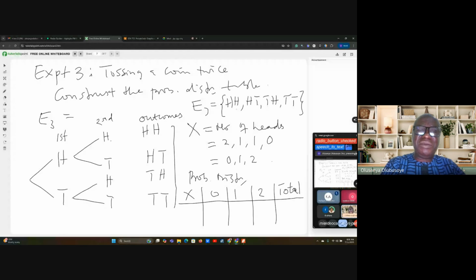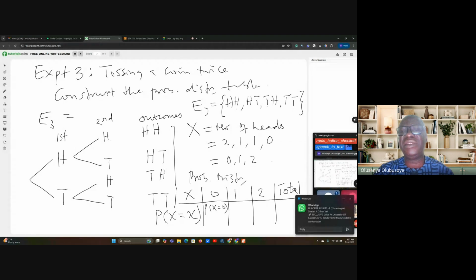And then we can now say probability of the random variable taking a particular realization. So here I'm interested in the probability of the random variable being 0. In which case, I'm interested in what will be the probability that no head appears?